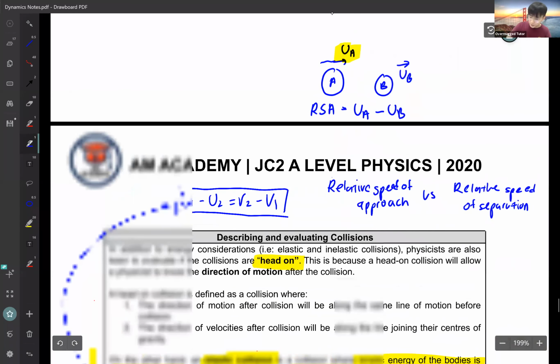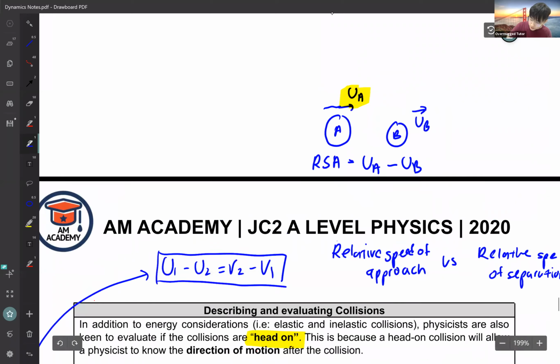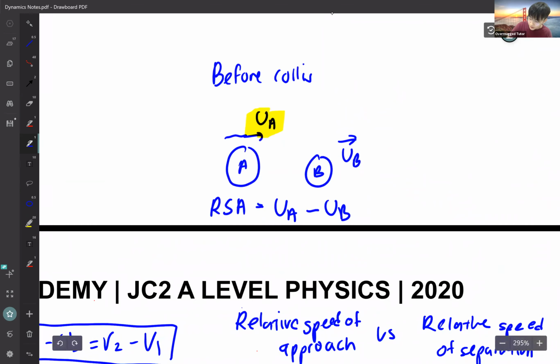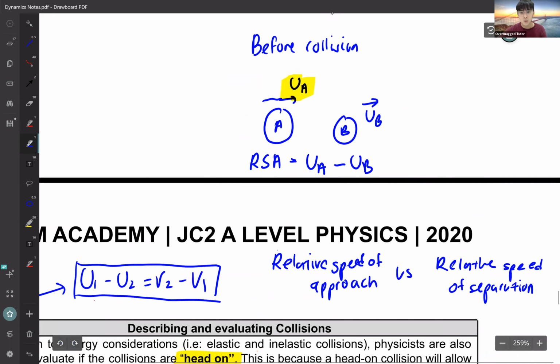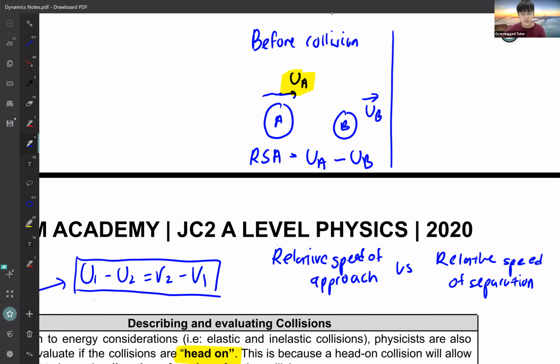So this is before collision, and this is RSA, relative speed of approach. Sorry, Summer, what was the question here? Was the relative speed of approach okay, guys?